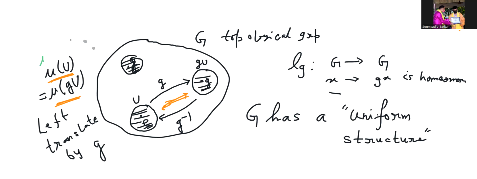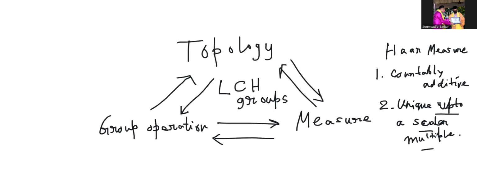This is a very beautiful thing. The best thing you can expect is actually true in the case of locally compact Hausdorff groups. So you have a topology on some space, a measure on it, and a group operation on it, and all three are compatible with each other.